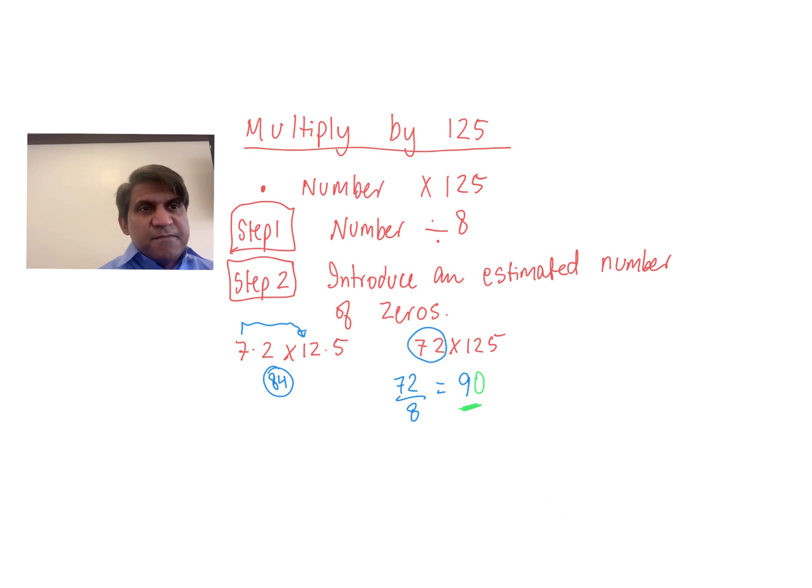Think about this. Then we'll try a few questions. So the trick says number divided by 8, then introduce an estimated number of zeros. All right, I'm going to put a few questions up here, give you guys 10 minutes, and then we'll try solving them. I'll put a different variety just to get you to see what's happening. All right.